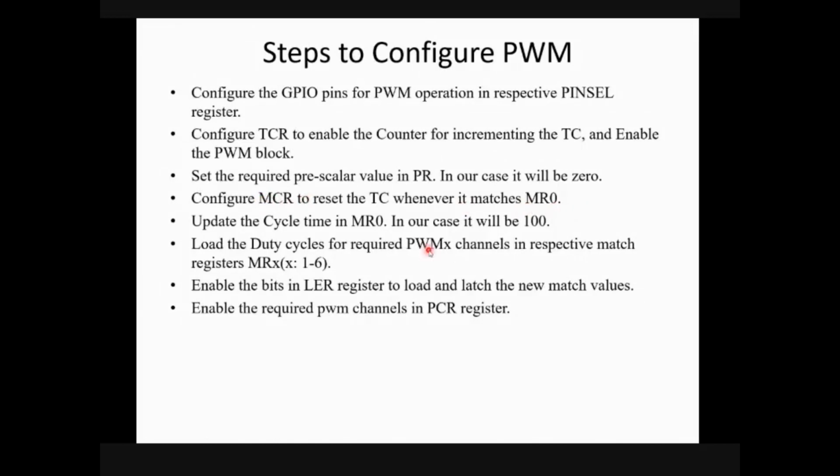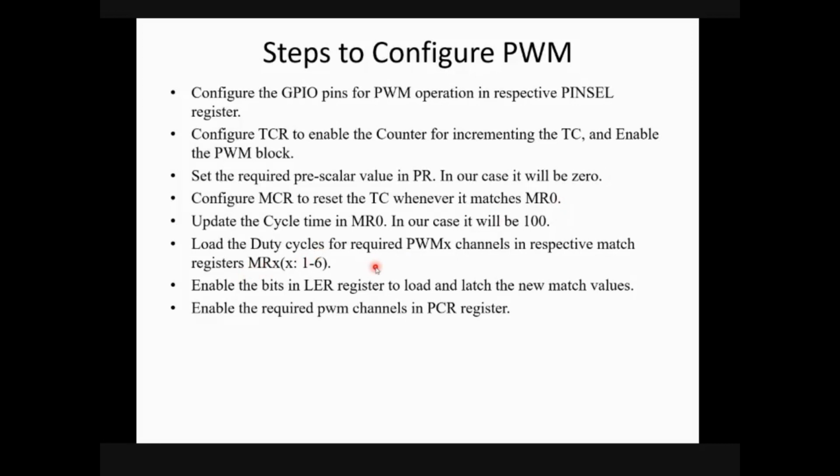In our program, we are keeping the MR0 value as 100. That means the total duty cycle is 100. Load the duty cycle for the required PWM channel into the respective match register. See, the total time period is 100, and whatever duty cycle I need, that value I need to load on the respective MR register.